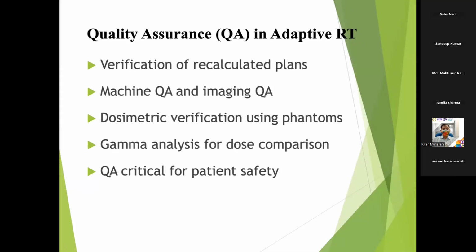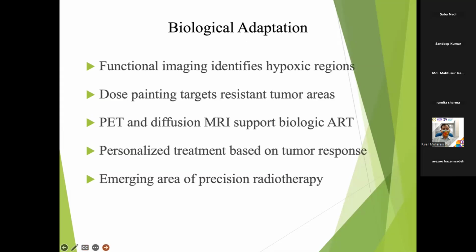verifications using phantoms, gamma analysis for dose comparisons, and if we can do the biological adaptation, that will be exactly true, because we are finally treating biological entities. So if we can convert the same adaptation to biological adaptation, that will be a great feature for us.